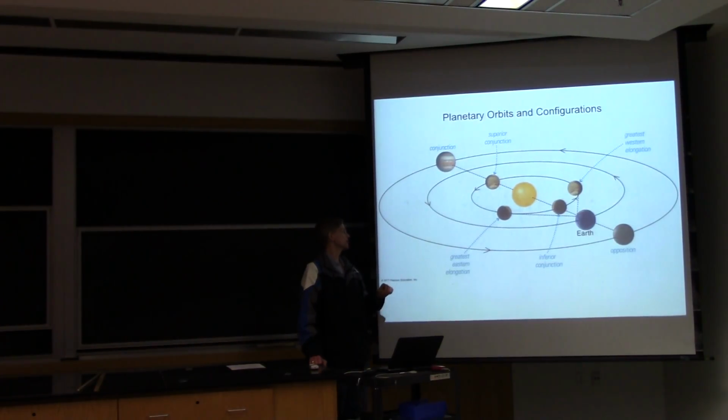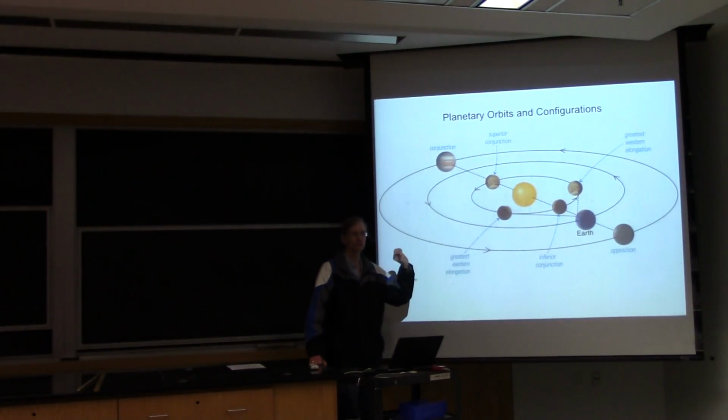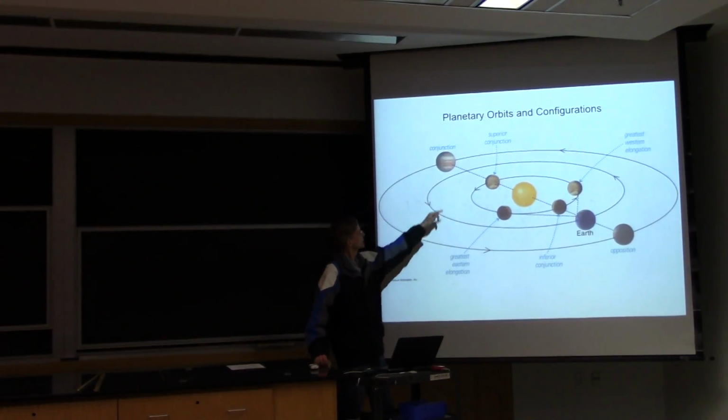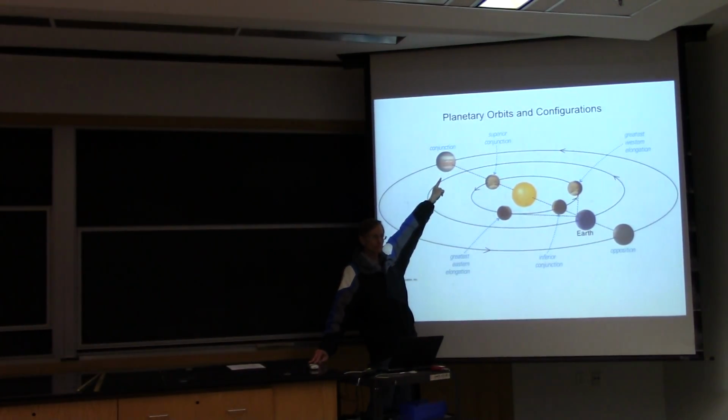And for the planets, you can talk about a conjunction of Mars and Venus, which would mean Mars and Venus were close to one another on the sky. What we're doing here is conjunction with the sun. So with a superior planet, one further away from the sun than Earth, there is conjunction with the sun. That's when it is very close to the sun in the sky.